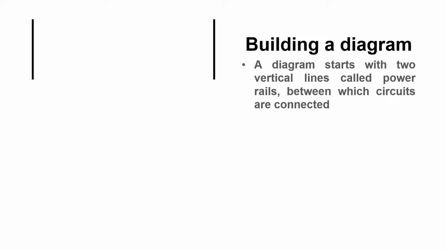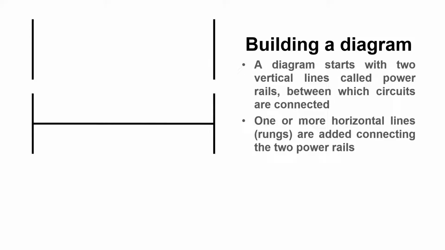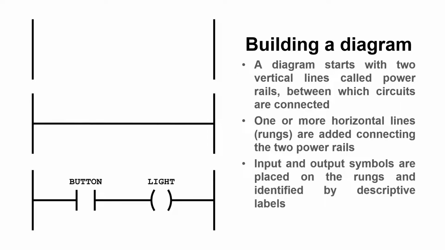To build a diagram in ladder logic, we have to follow a sequence of steps. A diagram always starts with two vertical lines, called power rails, between which circuits are connected. One or more lines, vertical and horizontal, are added, connecting the two power rails. Each connection between the power rails is called a rung. Input and output symbols are placed on the rungs and identified by descriptive labels.